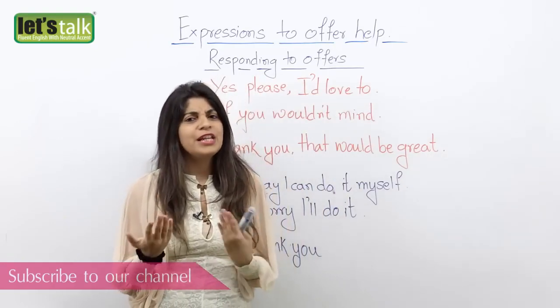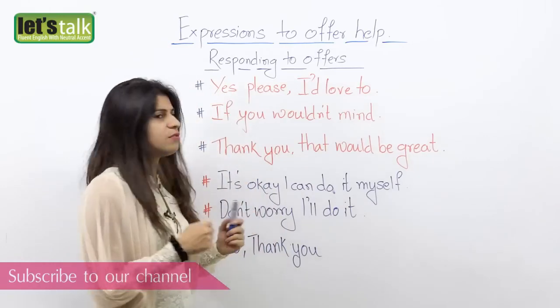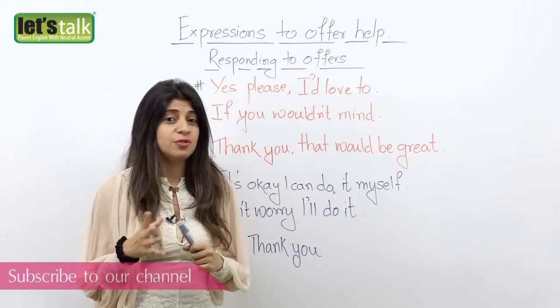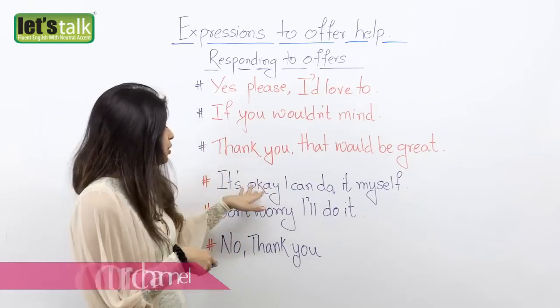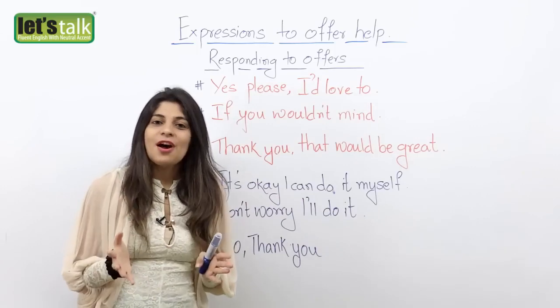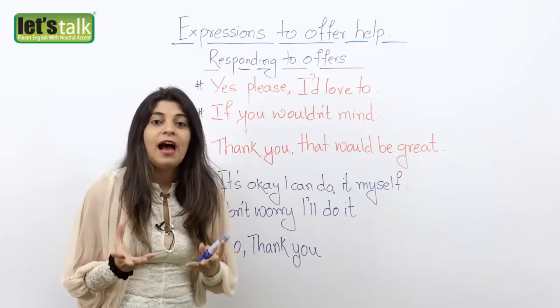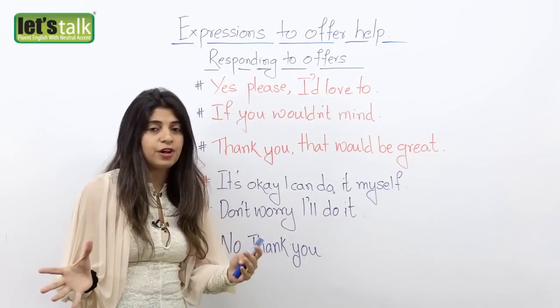So you really don't want his help, okay? So, rather than being very rude by just saying, oh no, that's all right, I'll manage, you can just say, oh, it's okay, I can do it myself. So you don't want to be rude and you want to decline that offer.